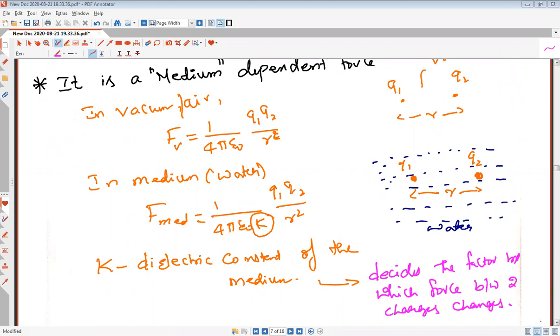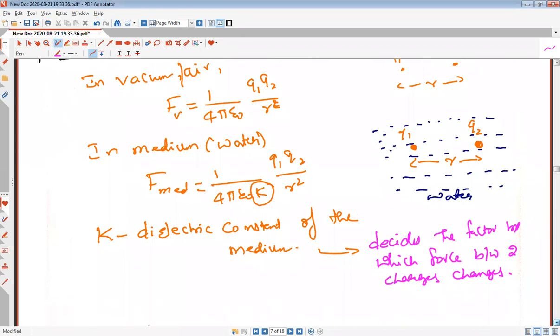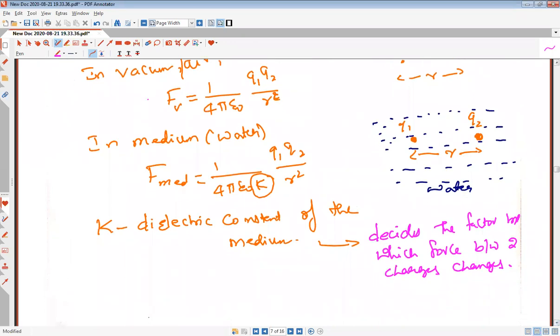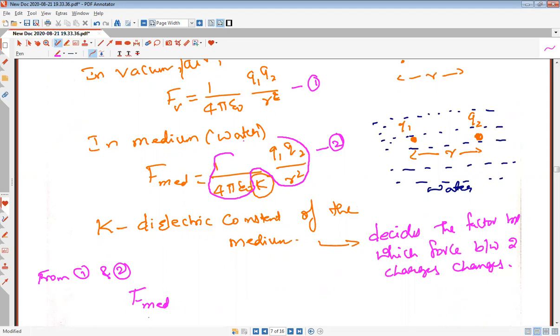Now, if we compare these two equations, equation 1 and equation 2, I can write the force in medium as some factor times 1 by 4 pi epsilon naught Q1 Q2 divided by R square.